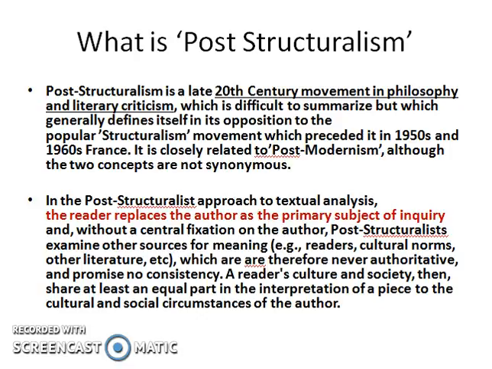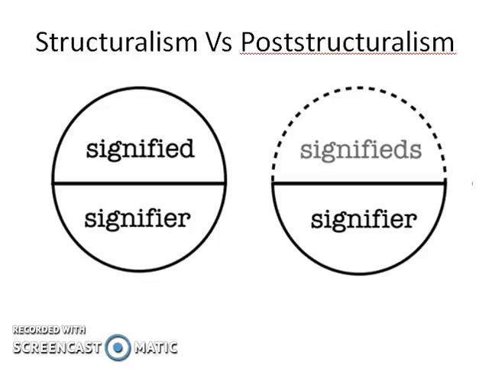So it hints at intertextuality and multiplicity of meanings. A reader's culture and society then share at least an equal part in the interpretation of a piece with the cultural and societal circumstances of the author.